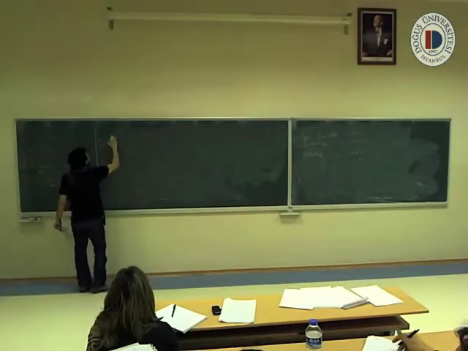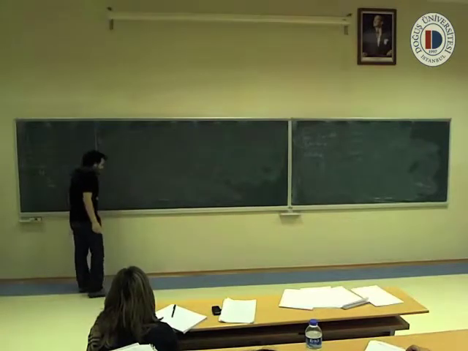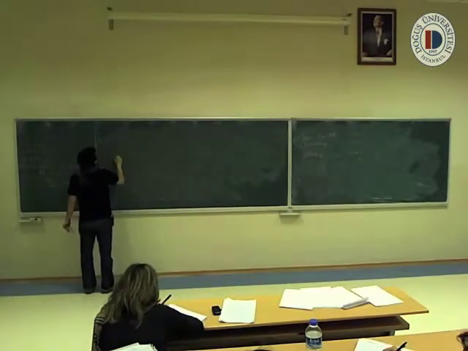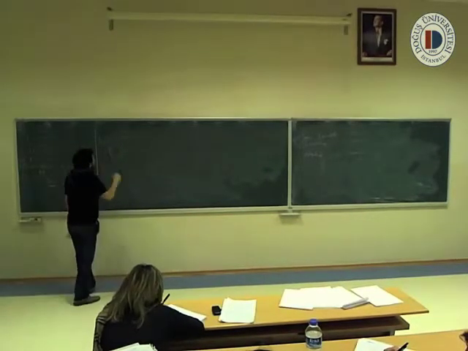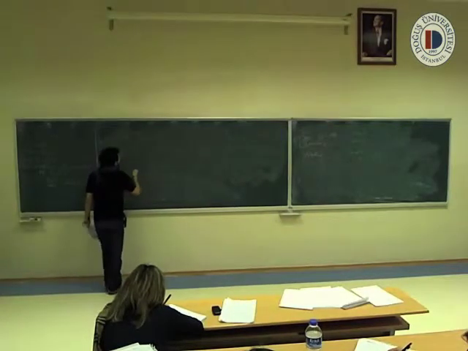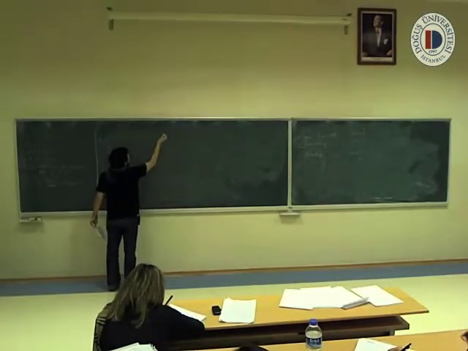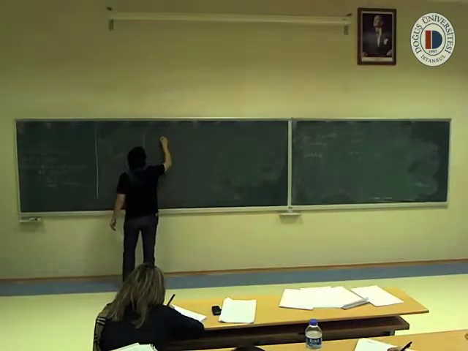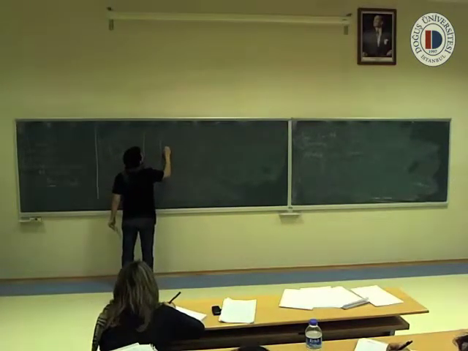String theory essentially is just theory of strings. So you have open strings or closed strings. You replace point particles with strings, and then as they move in space, they trace some kind of worldsheet, like an open string traces the worldsheet like this.